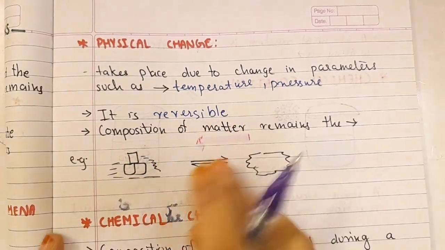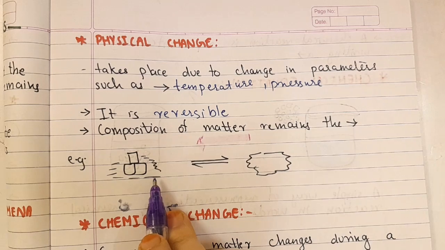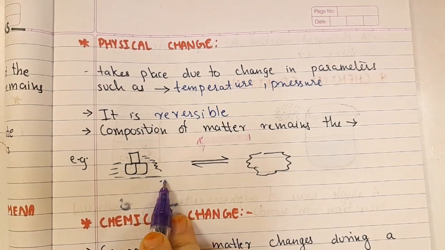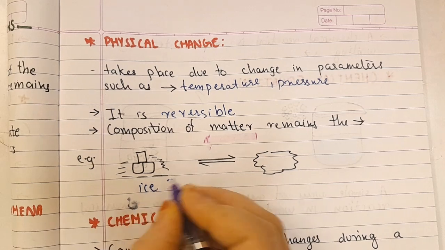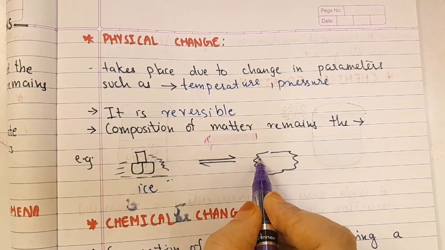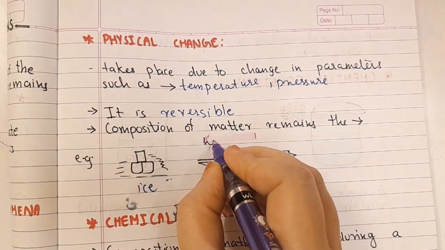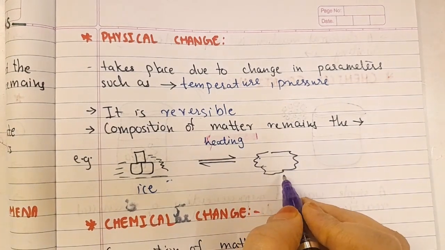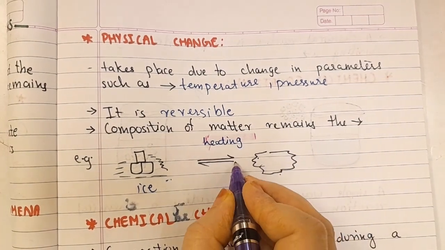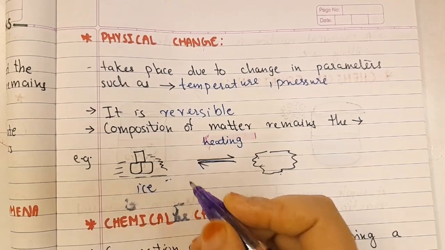We can take the example of ice. Ice is transformed into water on heating, that is, we increase the temperature by heating the ice and it converts into water, and water is transformed back into ice by cooling it.